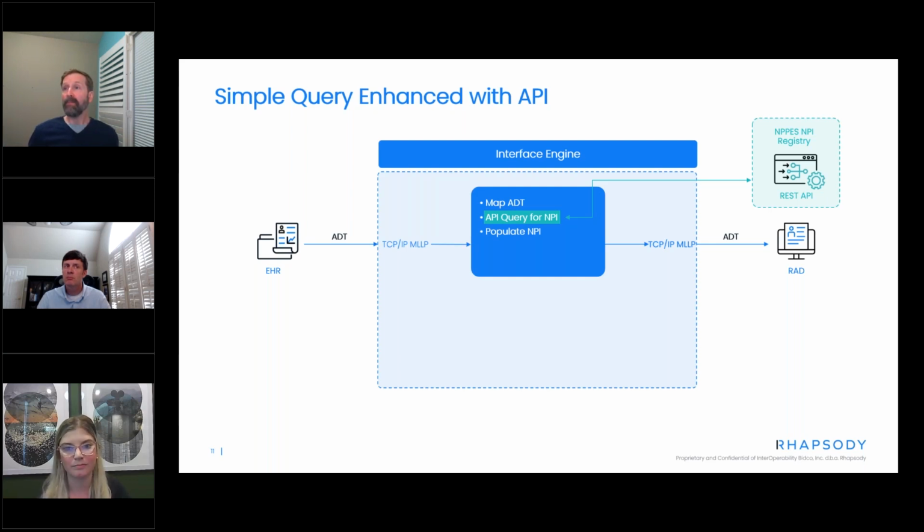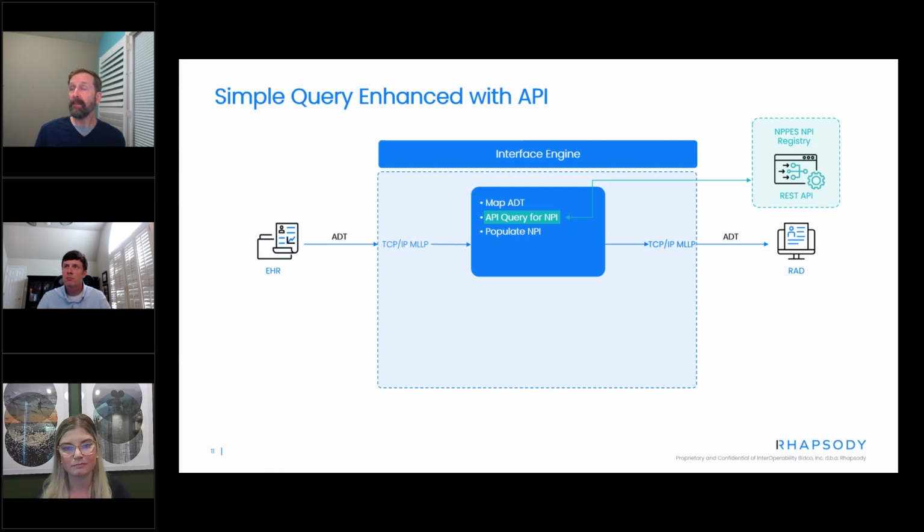So an advantage we have here is that where before we might find some providers that were not in our local lookup, we should not encounter that if we start using an API to call this registry. Here in the blue box, we're still showing our general mapping, our logic from top to bottom shows some ADT mapping.